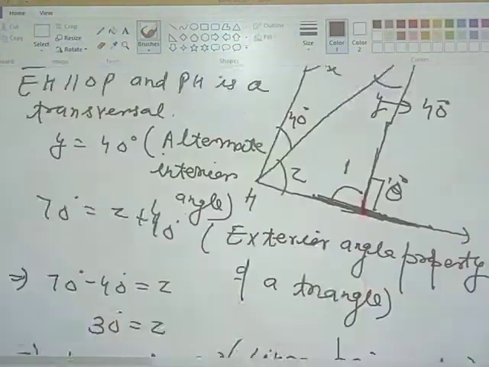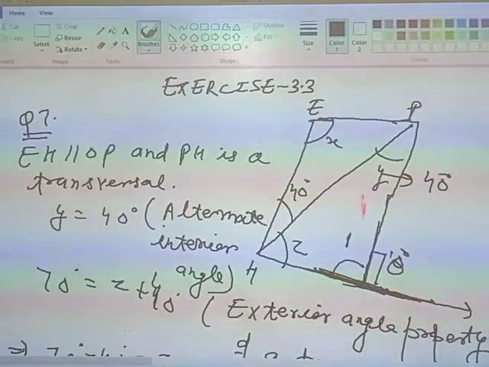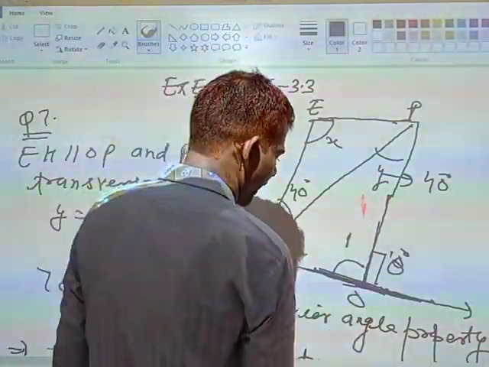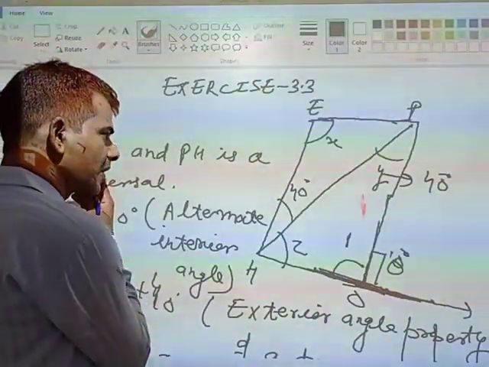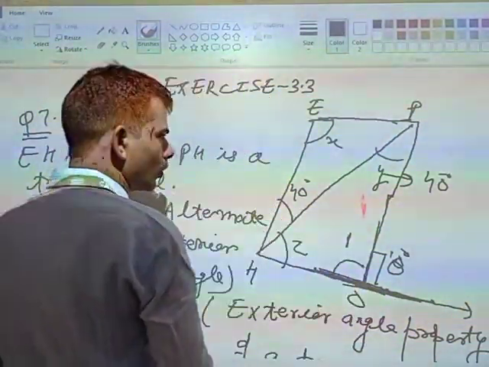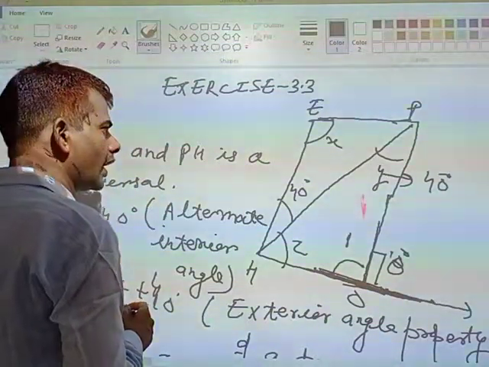110. Now students, observe the figure. HOPE is a parallelogram. So x is equal to angle 1 and angle 1 is equal to 110. Why?